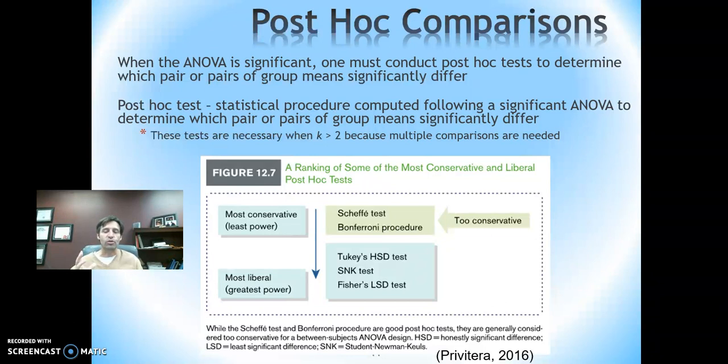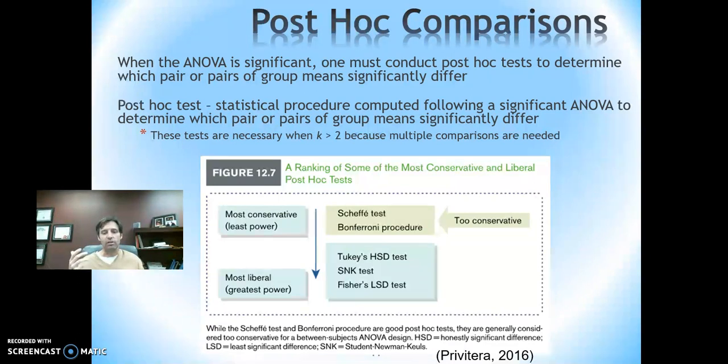There are several to use, and I borrowed a sheet here that I like to consult. It's from another textbook by Privitera in 2016. You can see that the Scheffé test and Bonferroni procedure are very conservative. They don't give you a whole lot of power. In fact, they're criticized as being too conservative.